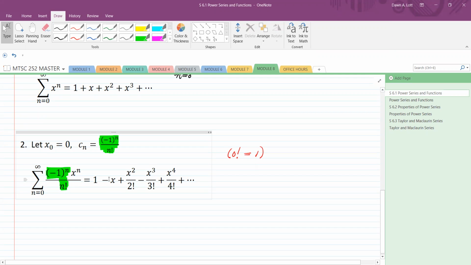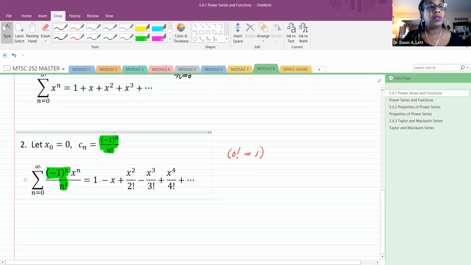For our second term, we get minus 1 to the first power, because n is 1 there, and then x to the 1 over 1 factorial, plus x squared over 2 factorial, minus x cubed over 3 factorial, etc. Okay, so this is our second power series. Any questions about this one?